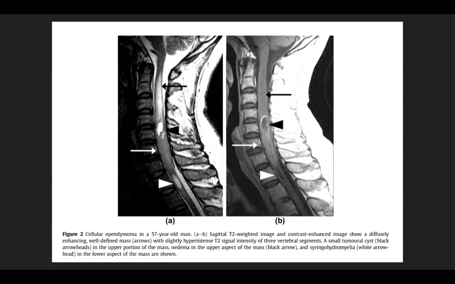So, a good way to describe this imaging would be: T2 weighted images, sagittal sections of the cervical spine, also showing the craniovertebral junction and the upper portion of the cervicodorsal junction as well. I could see a relatively well circumscribed lesion on T2 weighted images, which is centrally located. It looks like it is expanding the cord. There is a cystic portion at the top of the tumor associated with peritumoral edema, which is overlying the cord.